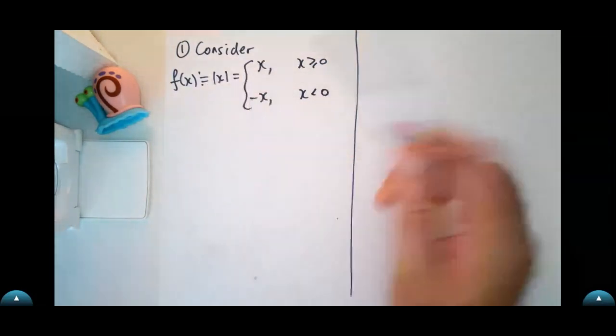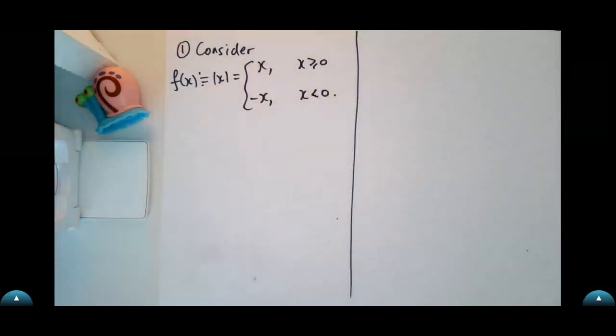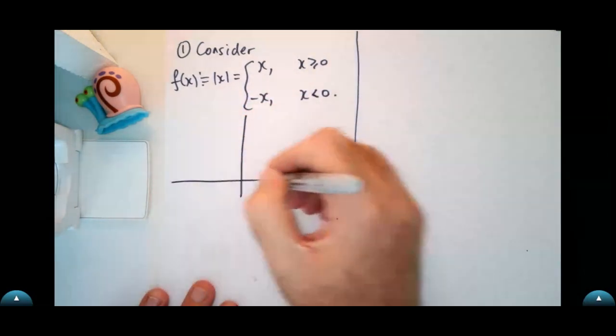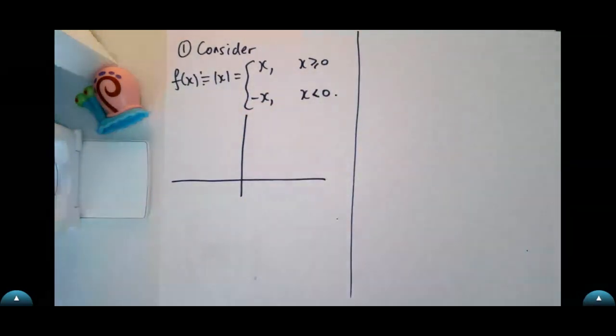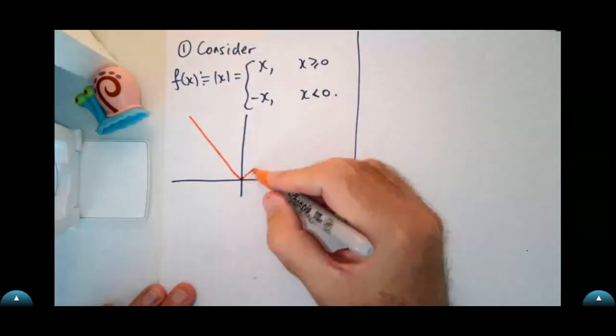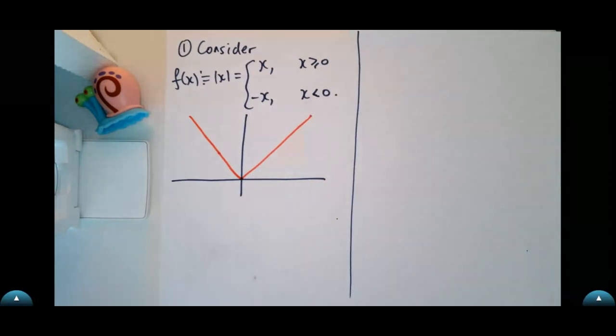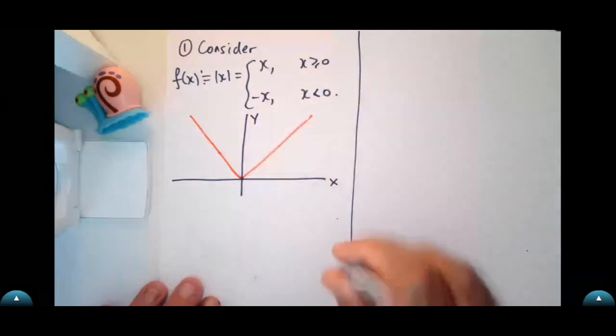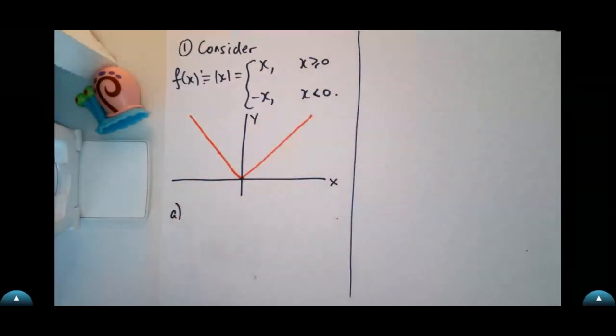And this is basically the idea behind the absolute value. And we've got a curve like this. Let me use orange. This is like negative x, and this is positive x. And the first question is, well, is this function continuous at x equals 0? Well, we know from the graph that it is, right? But I think what they want you to do is to use limits here, okay?